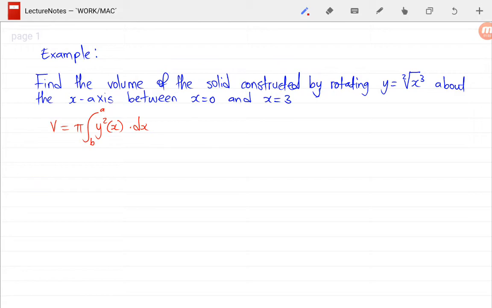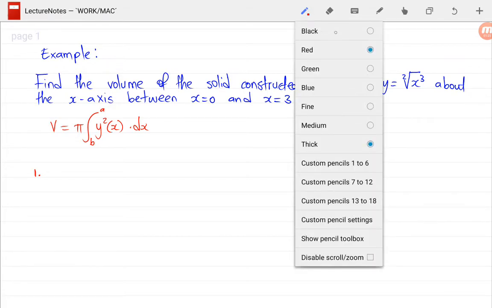And next, we're going to take it step by step. The first thing we want to do is draw this function to get an idea of what it looks like, so we know what type of integration we'll have to do. I'm just going to be quick with this one.